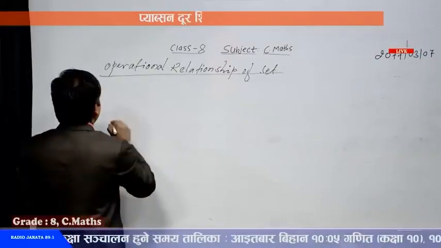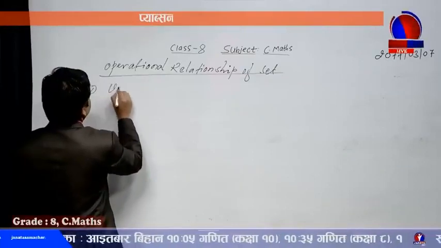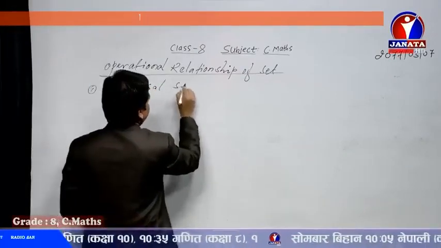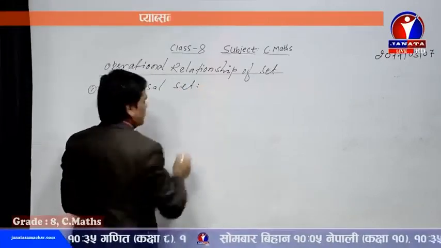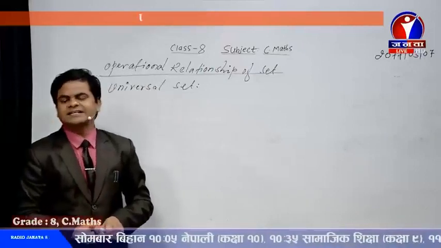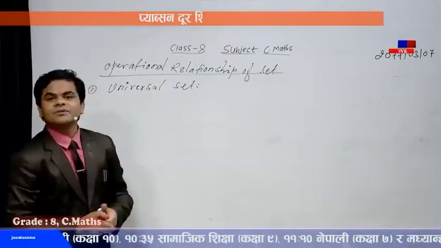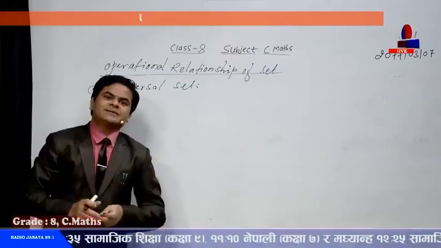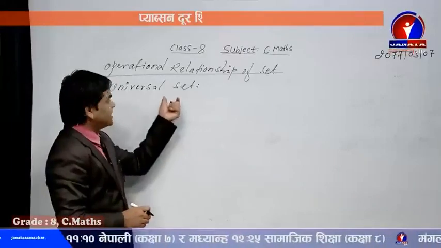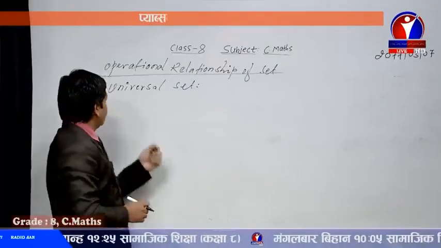So first of all, while studying the set, you need to understand the universal set. Most of the students, while being in class 6 and 7, you have already understood what a universal set is. Universal set means the biggest set among all, and it is also known as the superset, dear students.